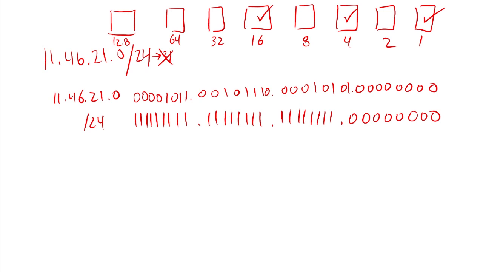So now you can decide how you want to split this network, and think about every network you split, you now have one broadcast and one network ID which you can't use.